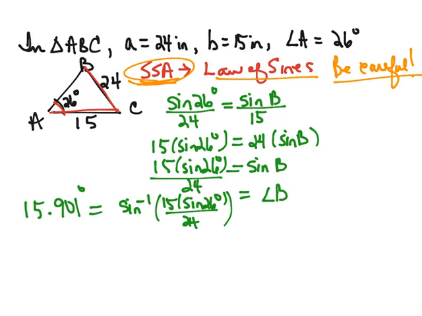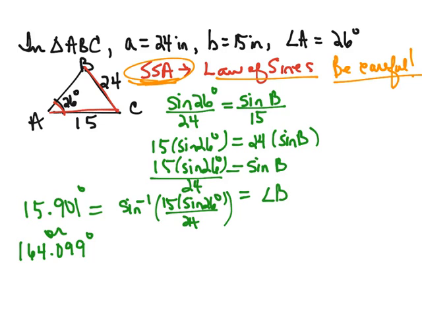Now remember, when you use an inverse sine, when we're dealing with values that are between 0 and 180, sine is positive in both the first and the second quadrant. So when we find inverse sine, our answer could be 15.901, or it could be 180 minus 15.901, which would give us the value 164.099 degrees.